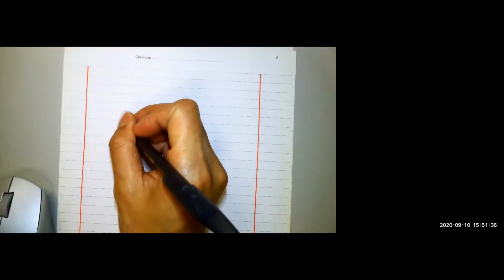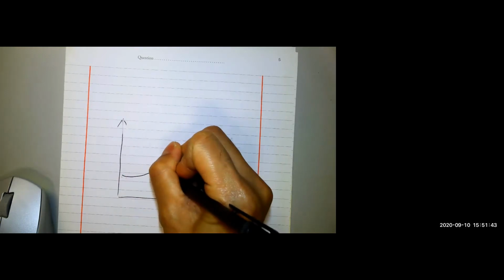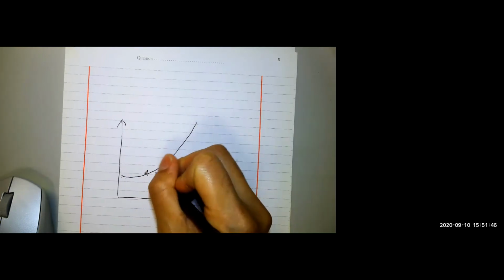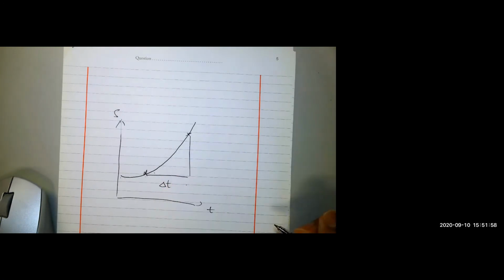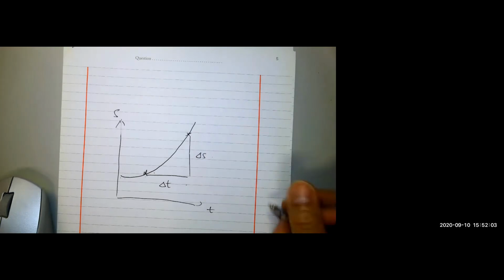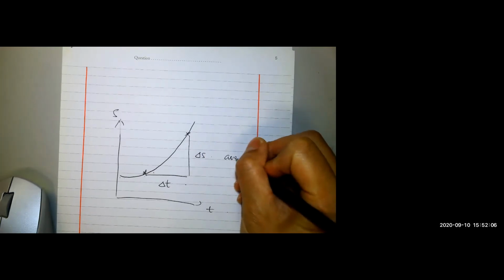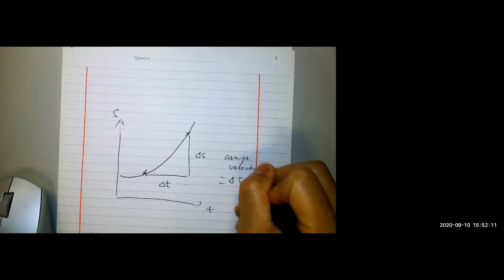So if you are talking about a curve something like this, this is, for example, S, and this is, for example, T. Then, if you're talking about in between these 2 points, there is a corresponding change of time, delta T, and there is a corresponding delta S. The average velocity would be delta S over delta T.